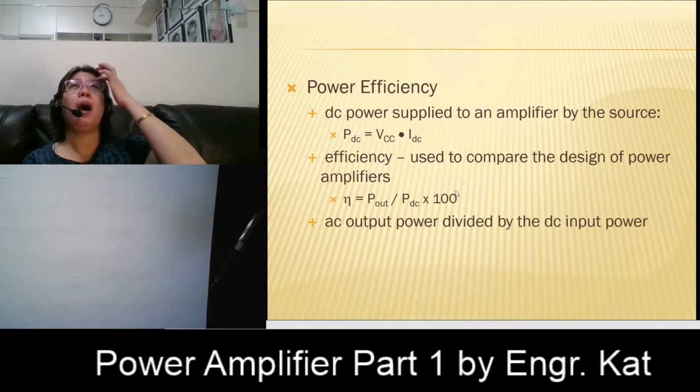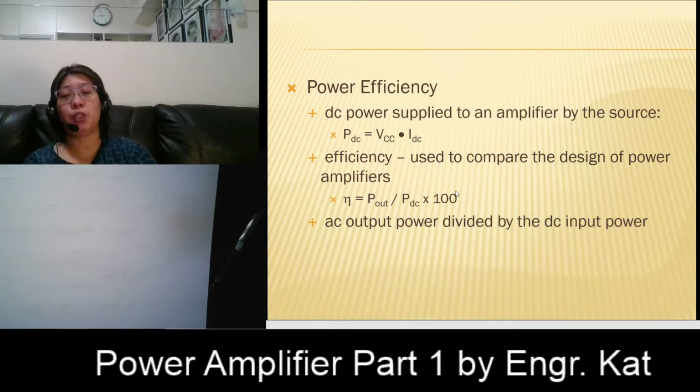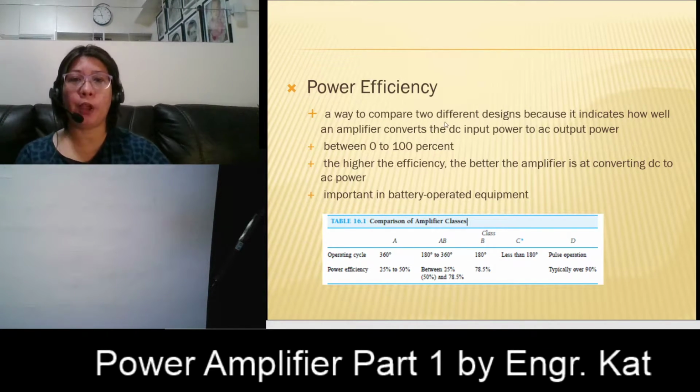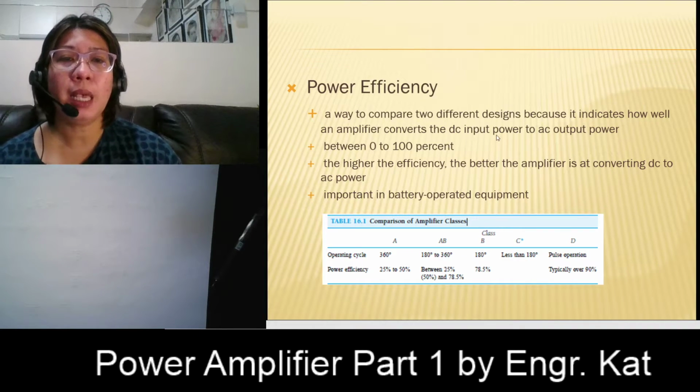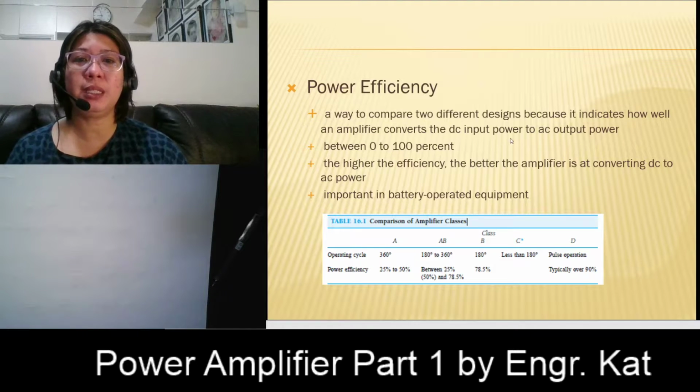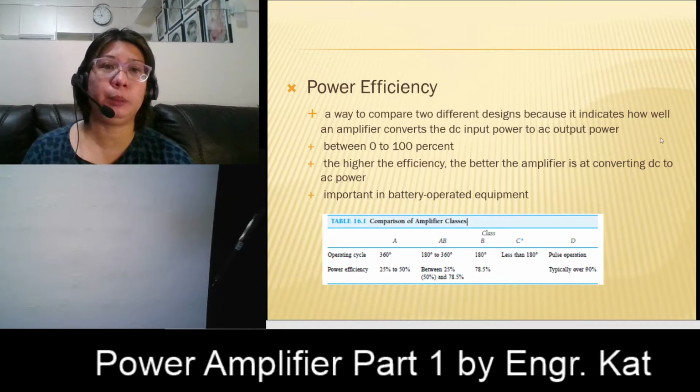Okay, so our purpose is to produce an AC power out of your DC power. So power efficiency is a way to compare two different designs because it indicates how well an amplifier converts the DC input power to an AC output power.